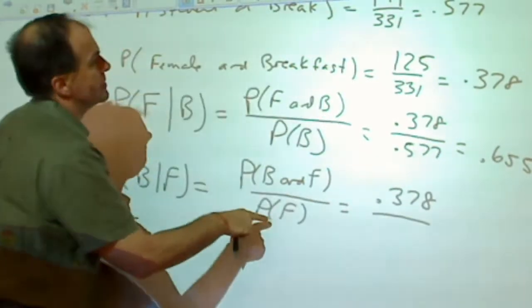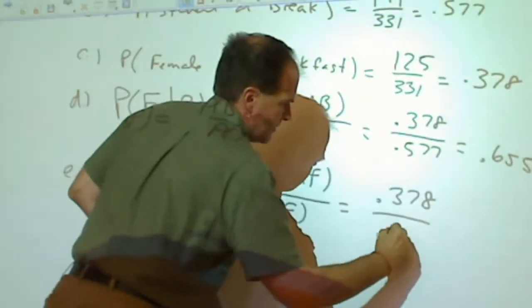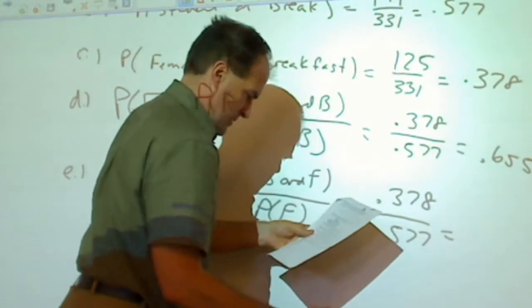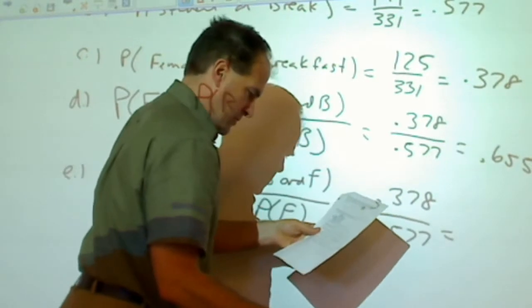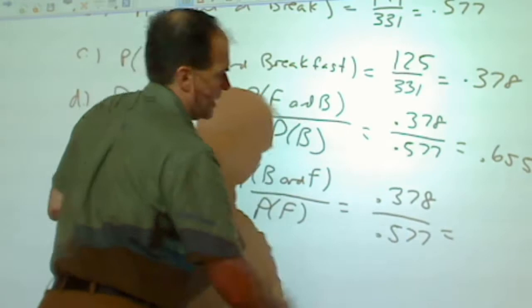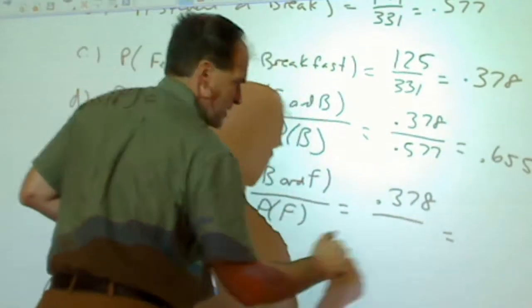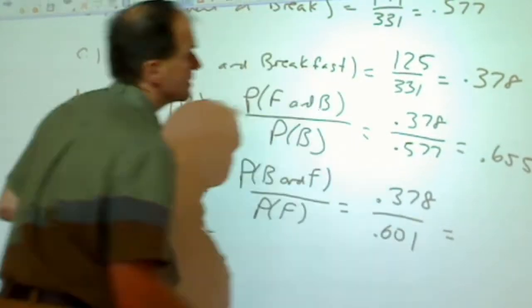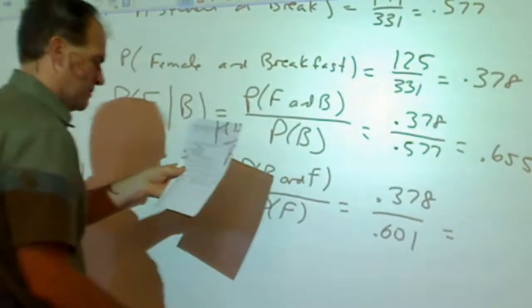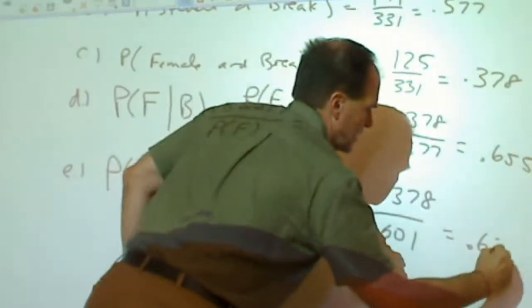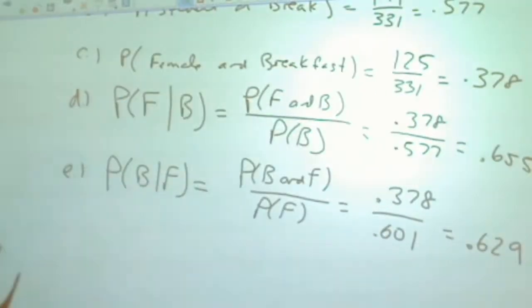My denominator given is the 0.601, and that is 0.629.